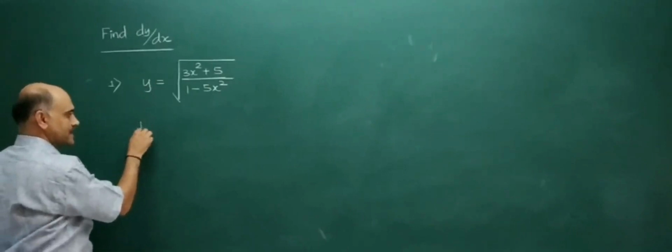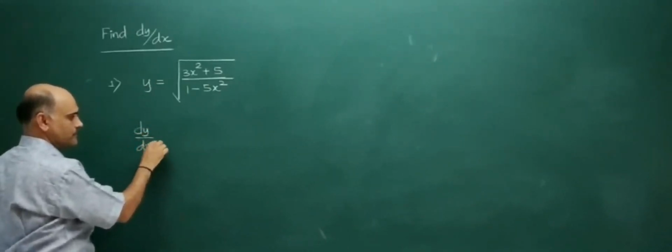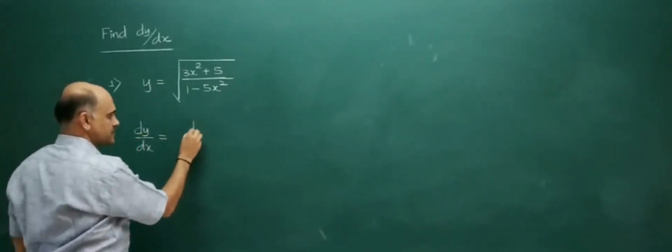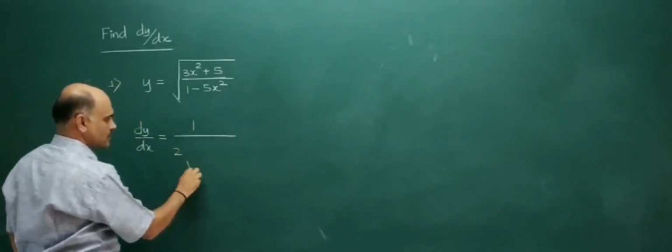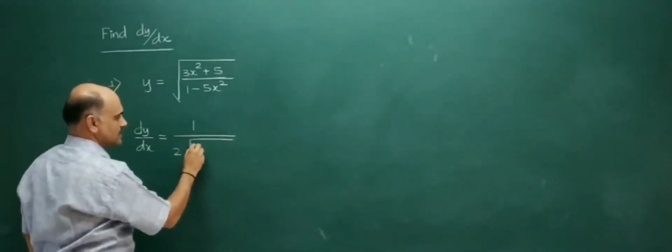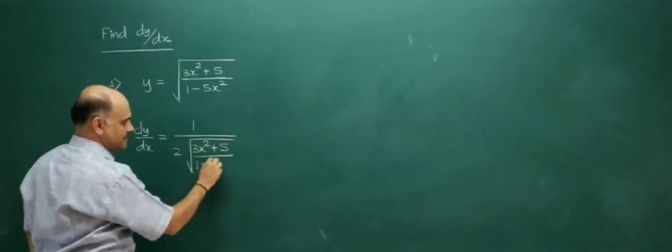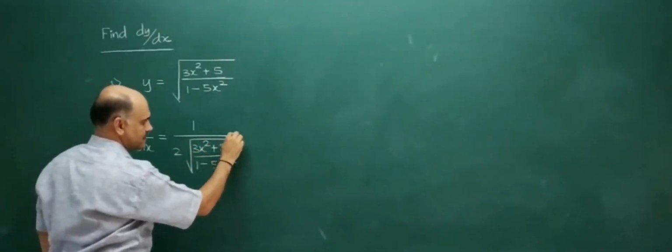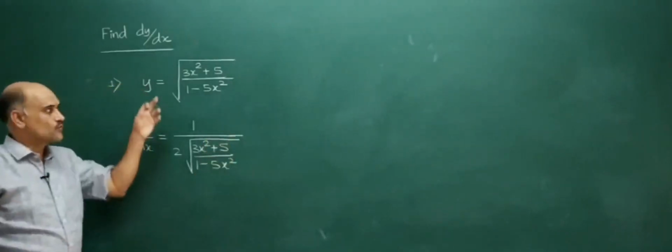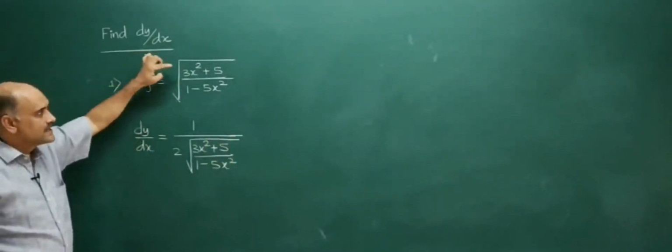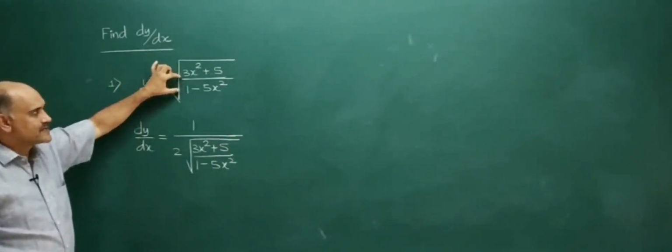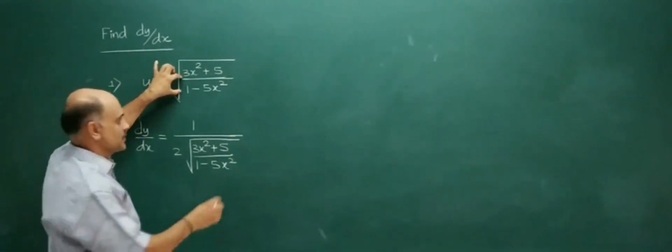So dy by dx will be equal to first differentiation of root, 1 by 2 root of 3x square plus 5 divided by 1 minus 5x square, of root I have differentiated. Then inside, u by v is there, you are required to apply u by v.